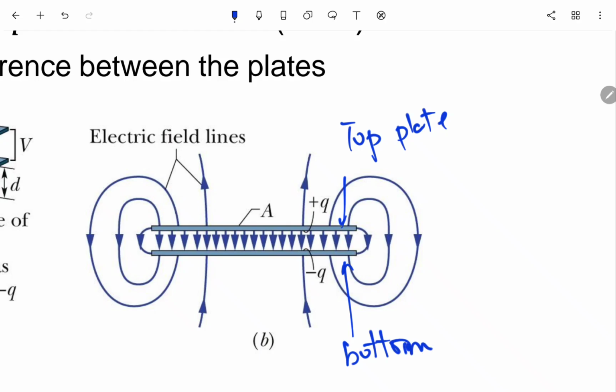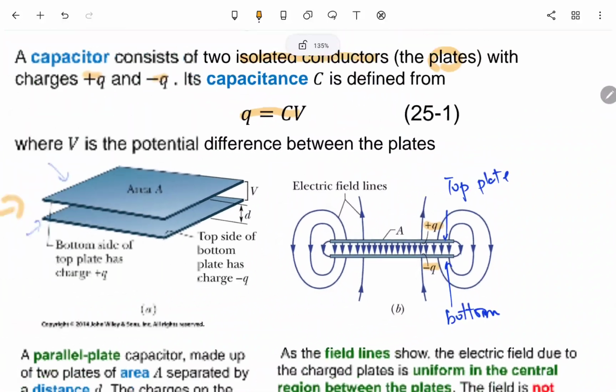We have two parallel plates, 就是两个平行板. On the top plate we have plus Q charges, and on the bottom plate we have negative Q charges. The charges on both plates are always equal in magnitude but opposite in sign, so the total charge cancels out.